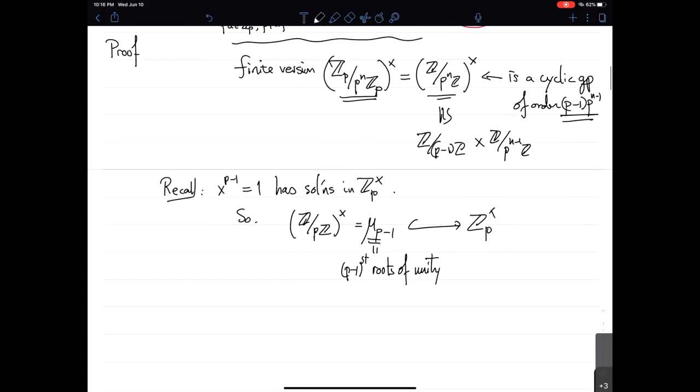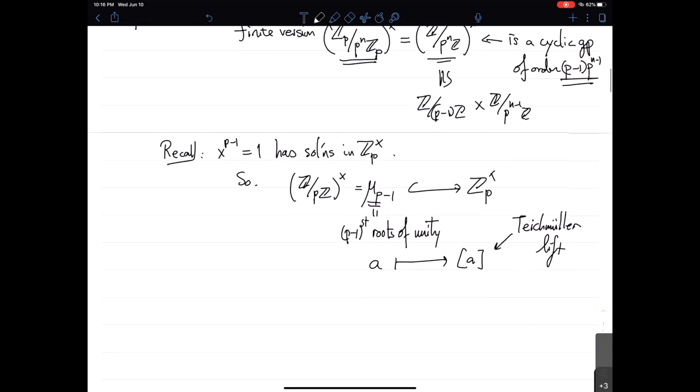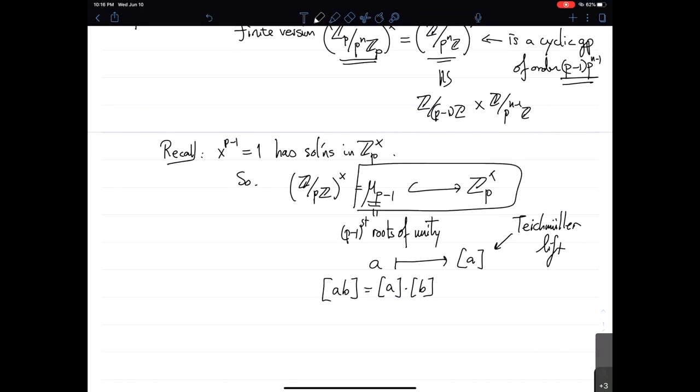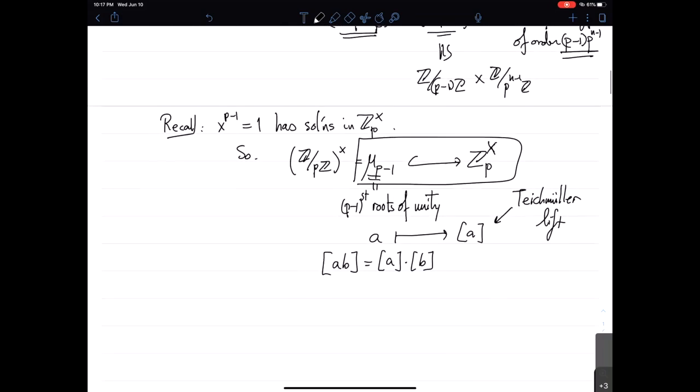So this is the Teichmüller lift I talked about last time. And we also talked about last time that this is multiplicative. Therefore, this embedding respects the group structure, and I'm going to take advantage of that.